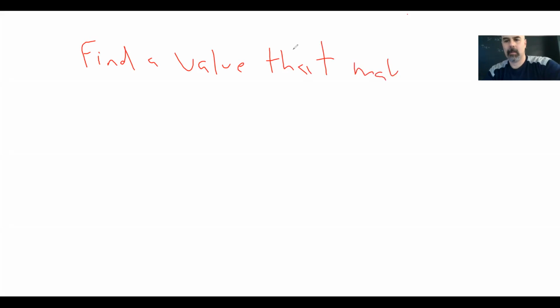So to solve means to find a value that makes the statement true.